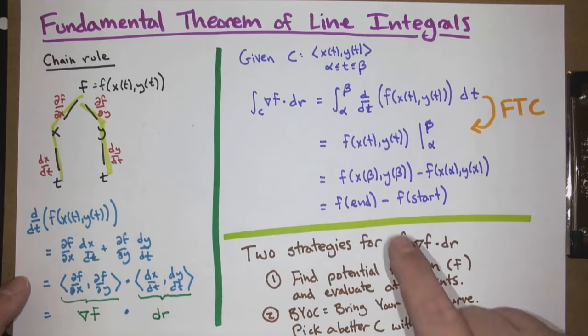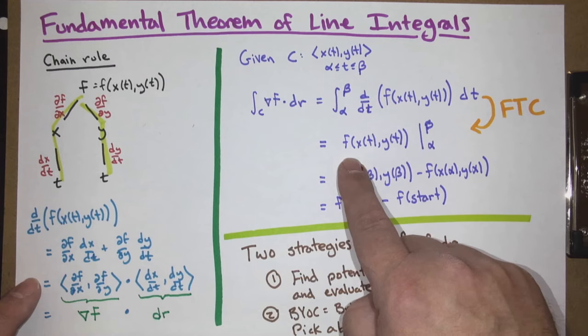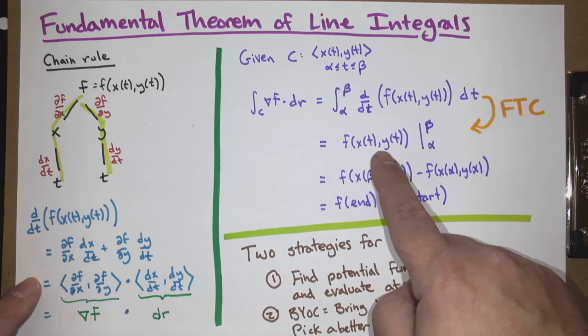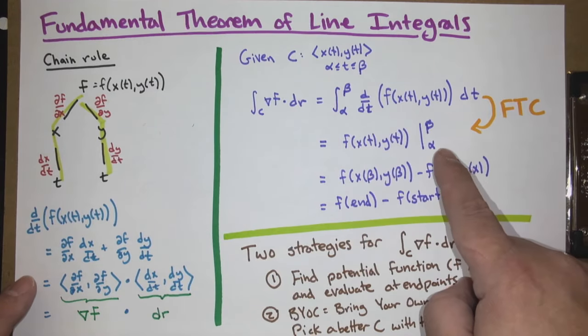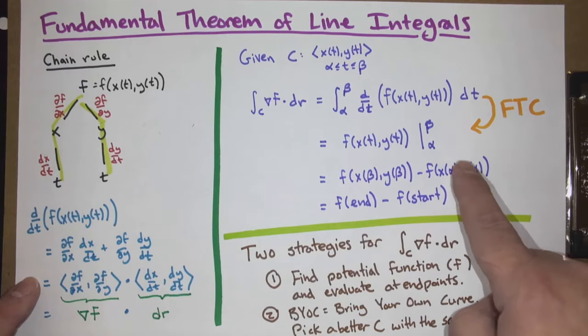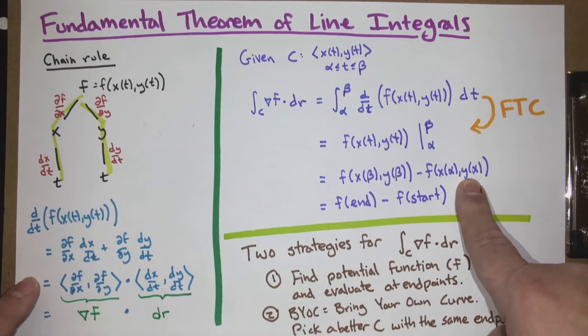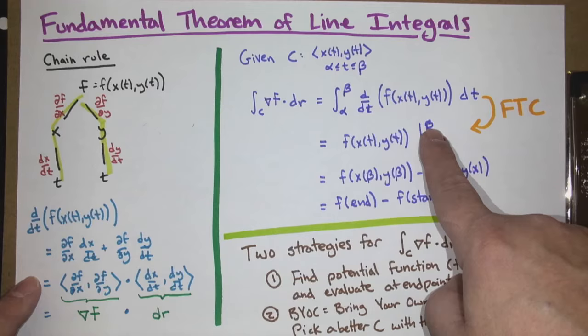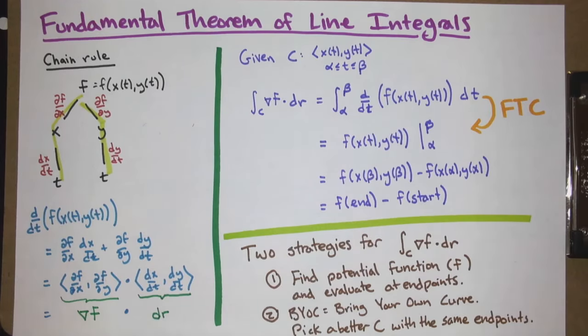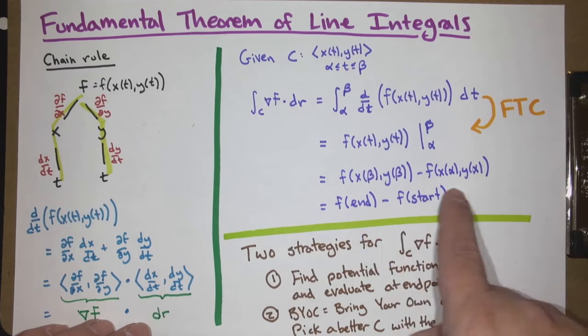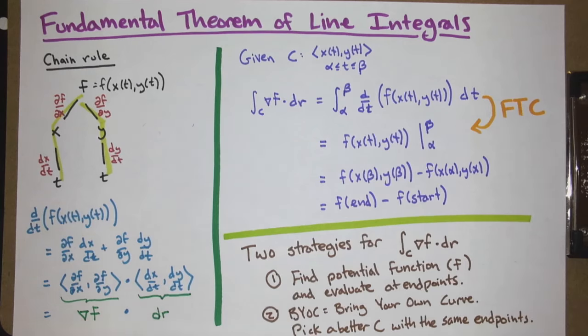So now it's just what happens at f of x of t, y of t at alpha and beta. When you plug in alpha, that's what happens at your start. When you plug in beta, that's what happens at your end. So all I have to do is find the potential function, and then see what happens to my potential function at my endpoints. I don't have to worry about the curve I took. Nowhere in this answer do I actually depend on the curve.